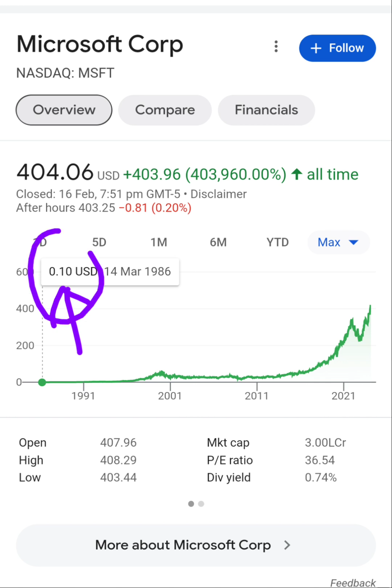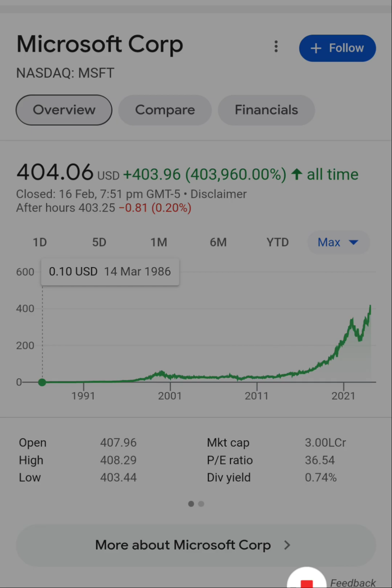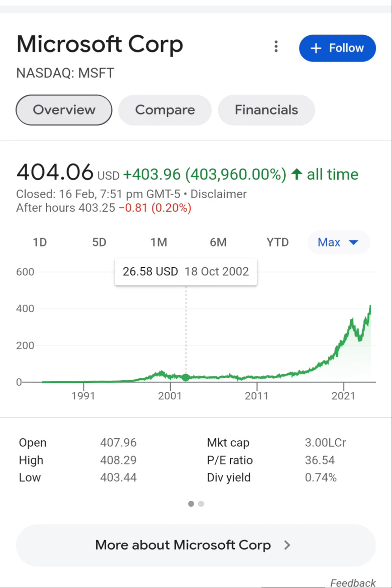You can see carefully that this graph from here to here is exponential. After that, huge growth is seen in this stock, and the stock multiplied the investors' amount by many times. If someone invested in this stock in 2022, the stock gave a return of around 1745%.